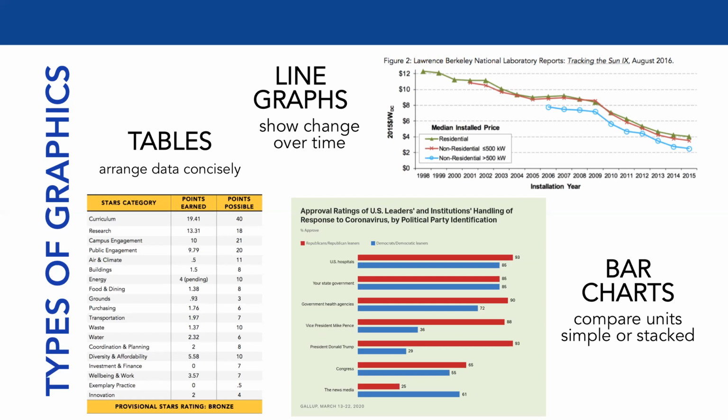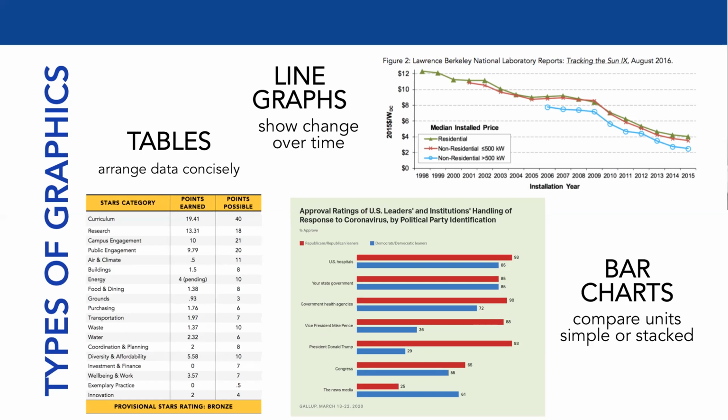We see big differences between Republicans and Democrats in terms of the president and vice president, and also in terms of the news media. But along the other lines, this bar chart, which compares categories and is simple, helps to show some differences. All right, so those are different types of graphics.